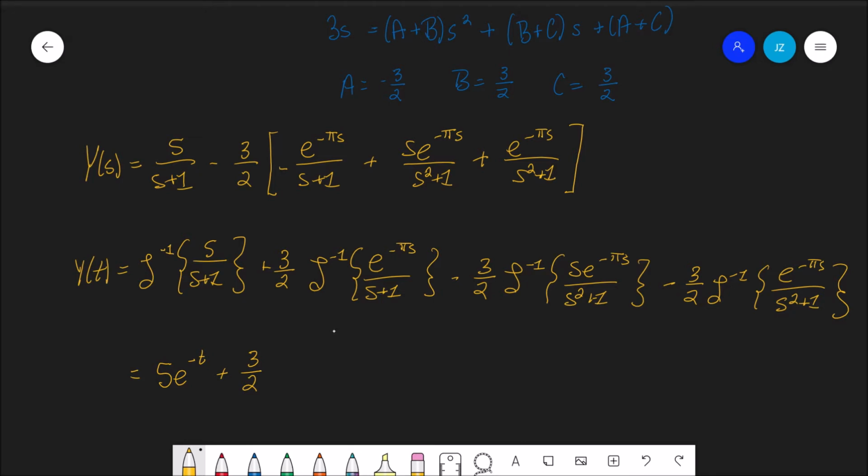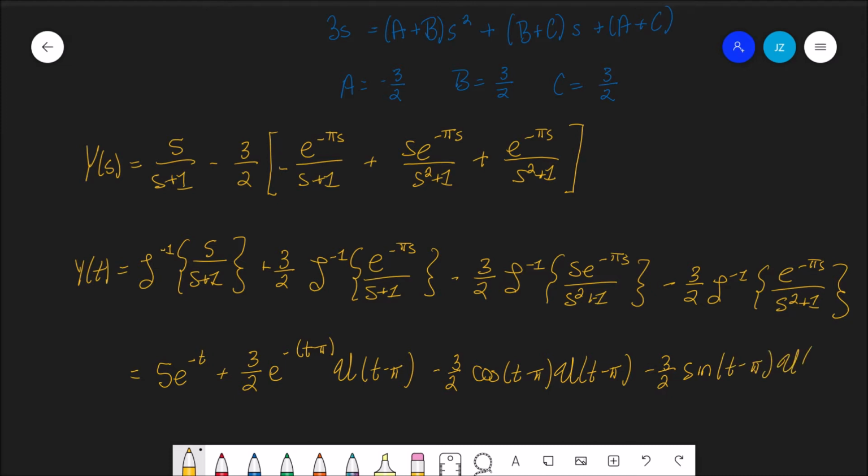So we'll have plus 3/2 e to the negative t minus pi times the unit step function of t minus pi, minus 3/2 cosine of t minus pi times unit step function of t minus pi, minus 3/2 sine of t minus pi times unit step function of t minus pi.